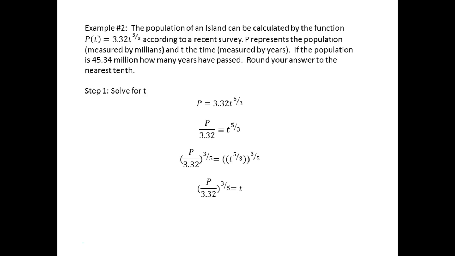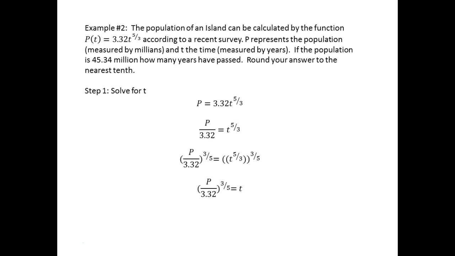So I'm going to begin by solving for t. Now, by now, I hope you know that to solve an equation with a fractional exponent, the first thing I have to do is isolate the exponential expression. So I divide both sides by 3.32. And then I got to get rid of that exponent, 5/3. How do I do that?